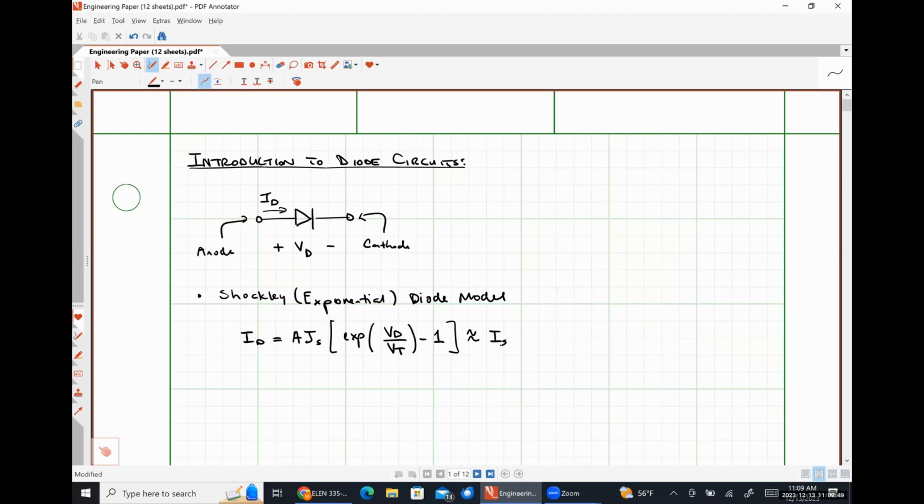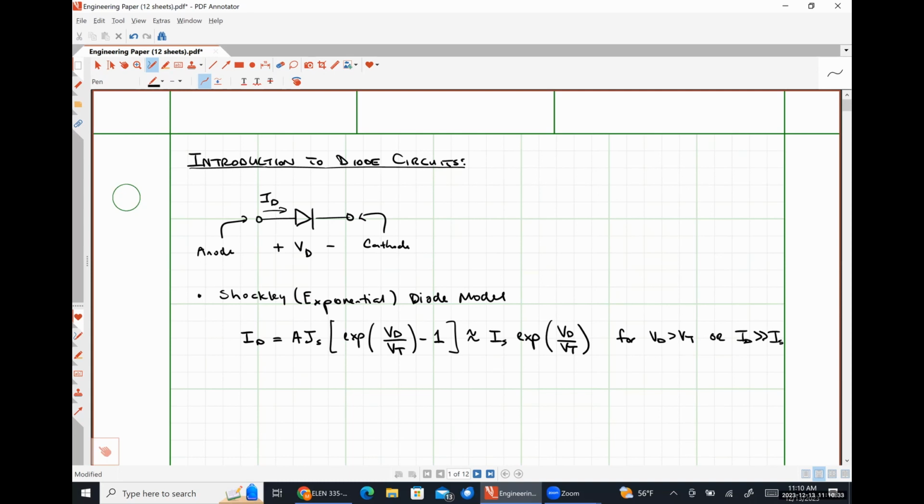That's just our reverse bias saturation current, where the area is already taken into account, times the exponential of VD over VT, where we're making an assumption that our diode voltage VD is greater than VT, or our diode current ID is much greater than our reverse bias saturation current IS. And if one of these is true, the other one has to be true as well. So we really only need to make one of those distinctions.